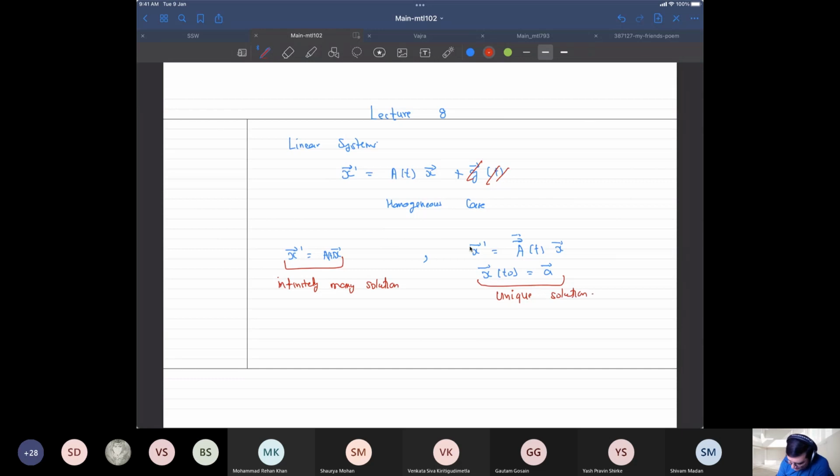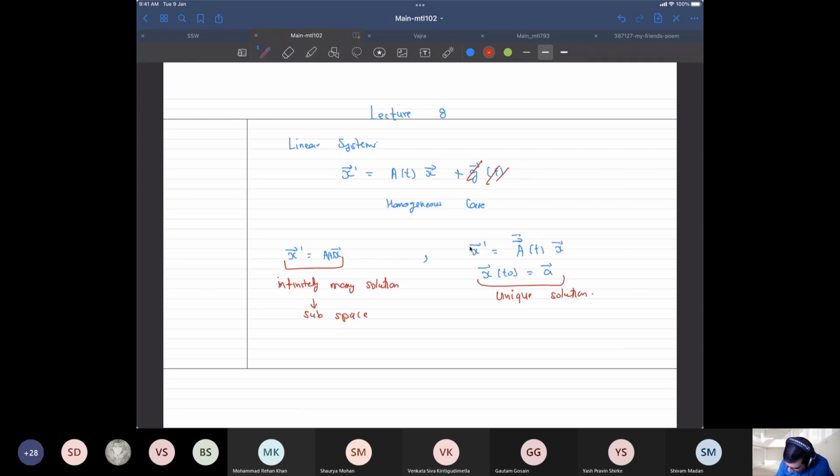And then these infinitely many solutions will form a subspace. And what will be the dimension of that subspace?